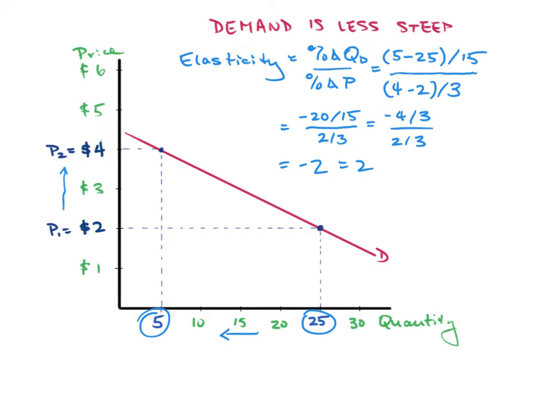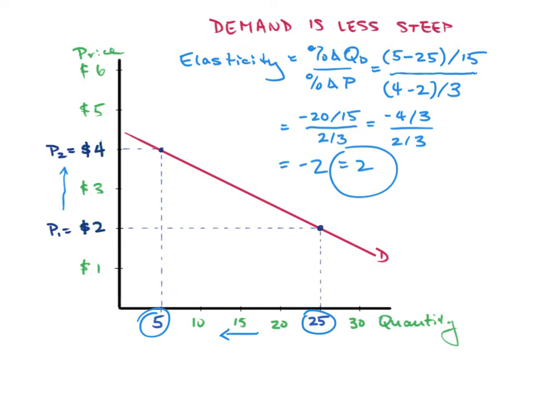Okay. Oh my God, that's awful math. Negative 2 equals 2. Okay. So the elasticity, when we work it out, is 2. Okay. Greater than 1. Remember, 1 is kind of our reference point. If elasticity is greater than 1, it means demand is very responsive to a price increase. It also means that revenue will go down.